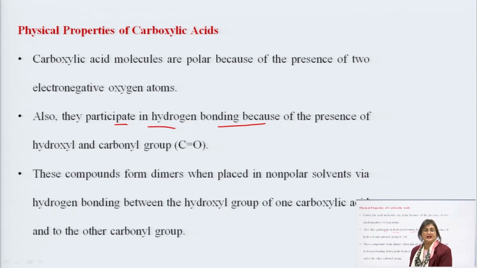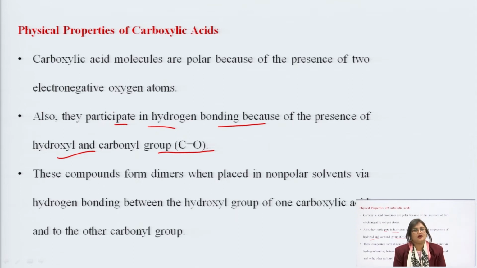This hydrogen bonding nature of carboxylic acids owes to the presence of two major functional groups, the hydroxyl group and the carbonyl group.